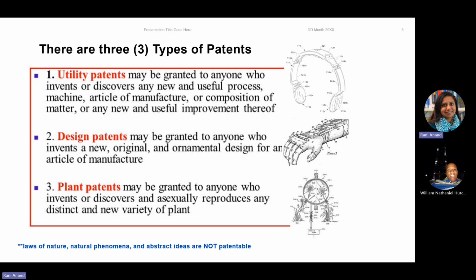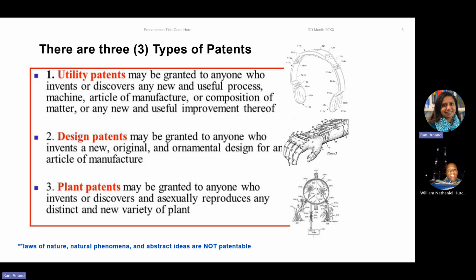And also for an existing innovation, if you make some modification or improvement, you have eligibility to patent that. Design patents are the next category.